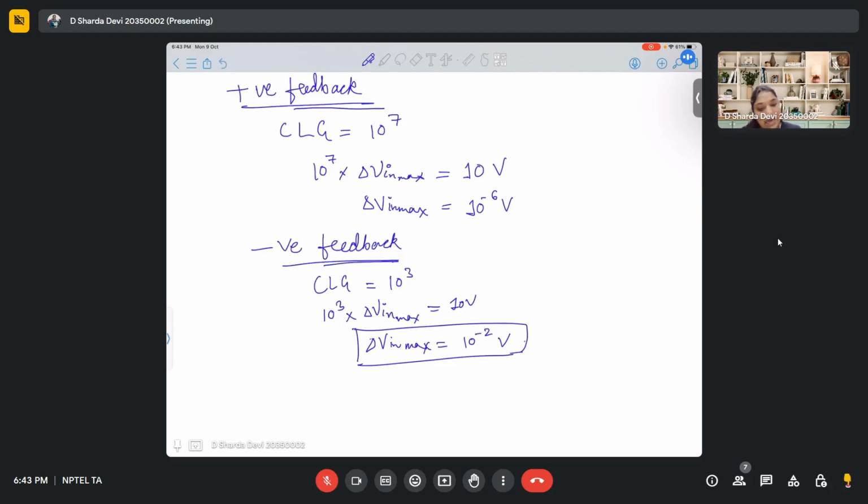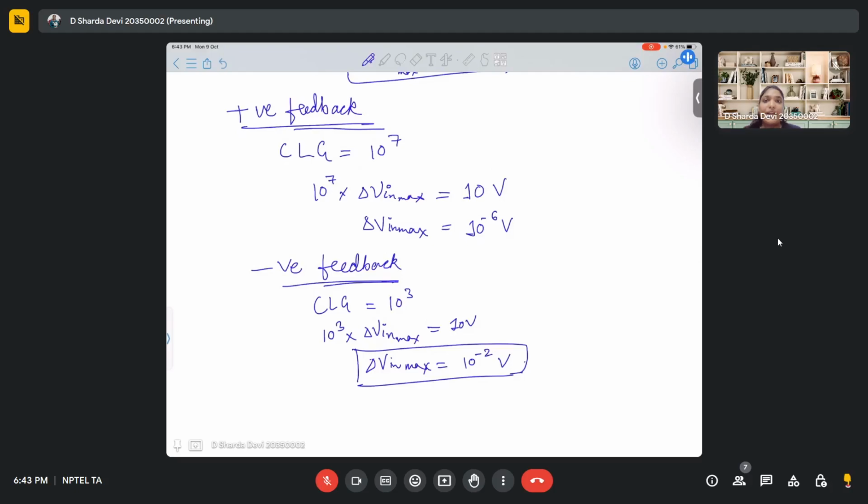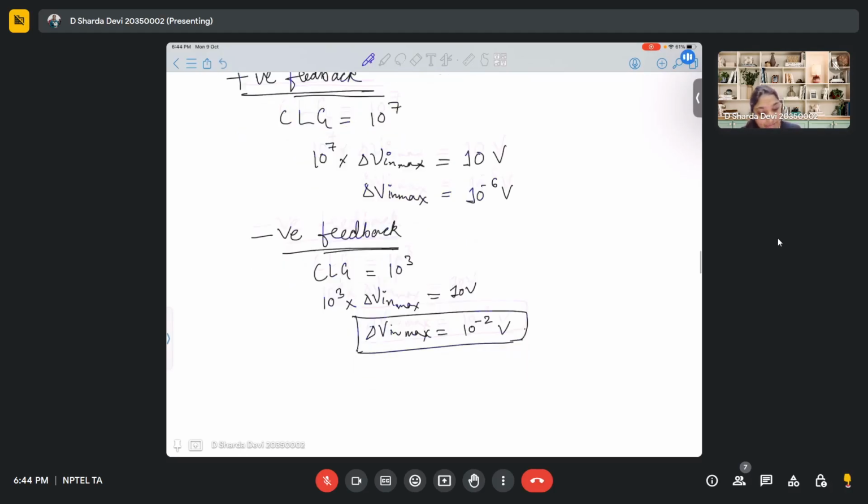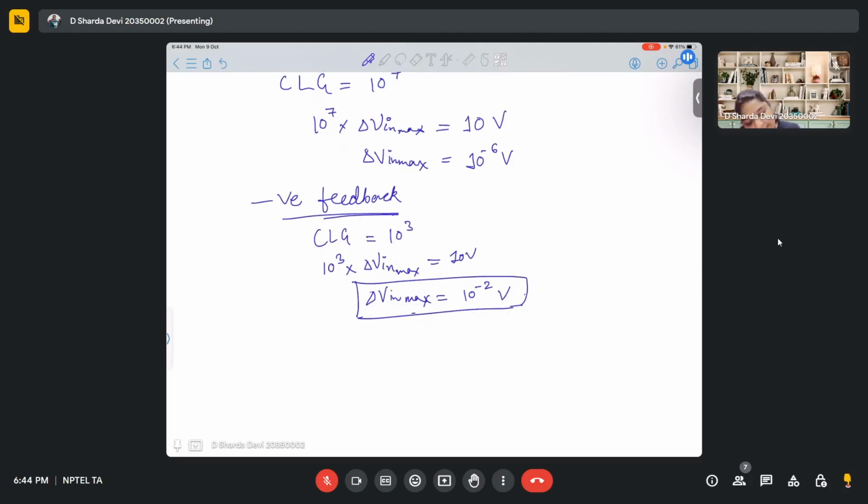Can you see how feedback is providing leniency in terms of input range? Let's say your minimum input is 1 nanovolt. In case of negative feedback, you have a range from 10 to the power minus 9 to 10 to the power minus 2. This is the input range.